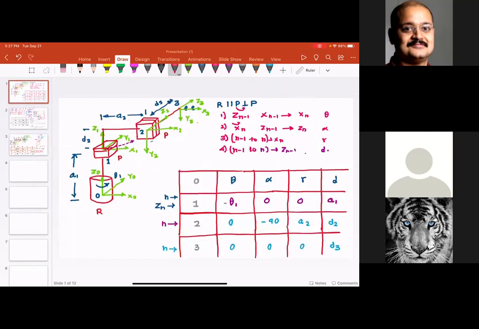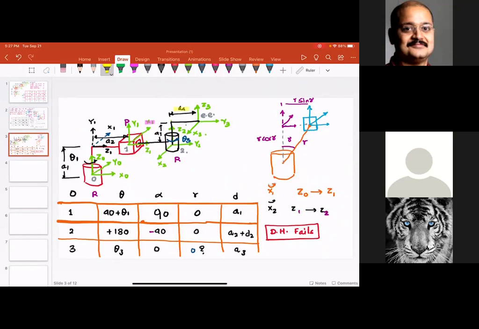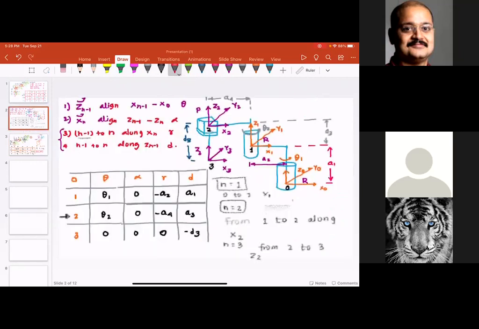So if you look at the third rule, what the DH parameter technique says is, and this is what I want to point out, if your robot dimension is about the Y axis, your DH parameter technique will never work. So the trick here is to align the frames so that all the robot link lengths are along X or along Z.